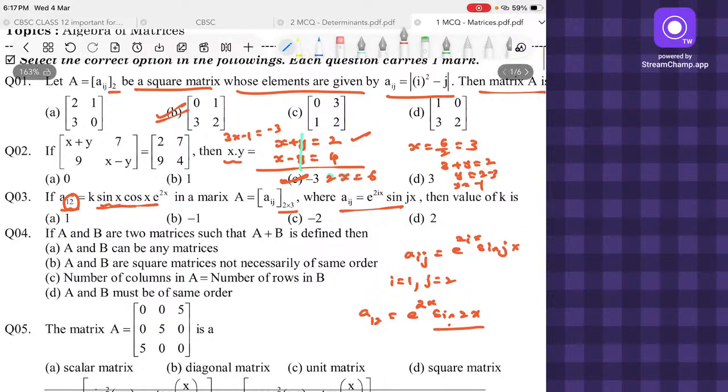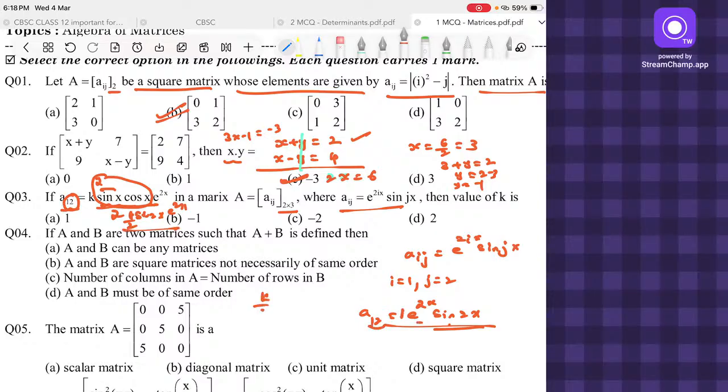Sin x cos x can be written as, if you multiply by 2 and divide by 2, then 2 sin x cos x can be written as sin 2x, e raised to the power of 2x, k by 2. Then compare with this and this. Here this coefficient is 1, so k by 2 is equal to 1, k is equal to 2. Then option D is the correct option.